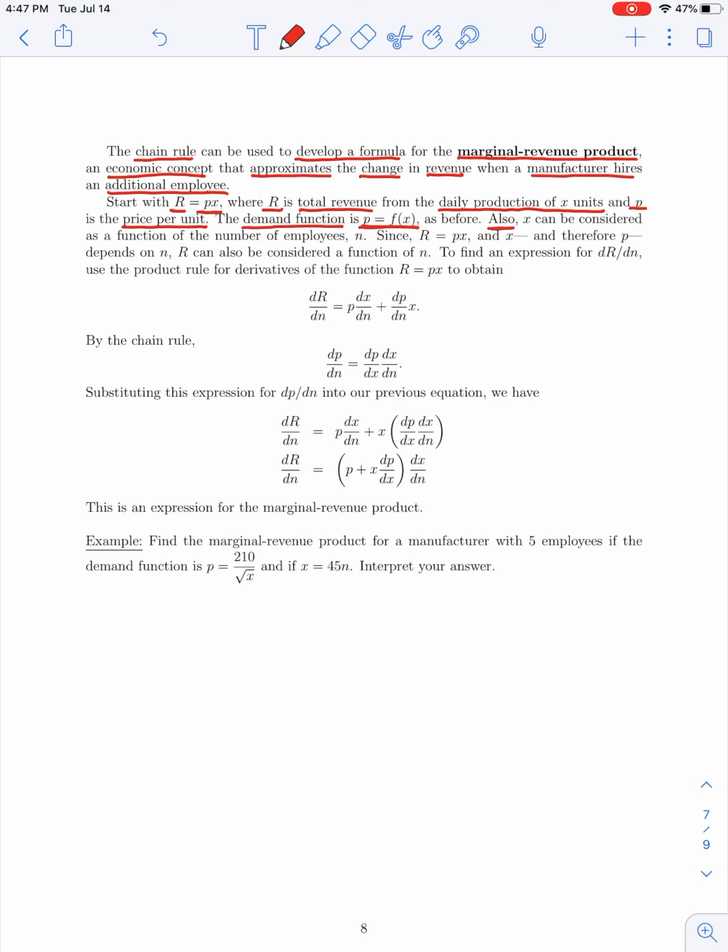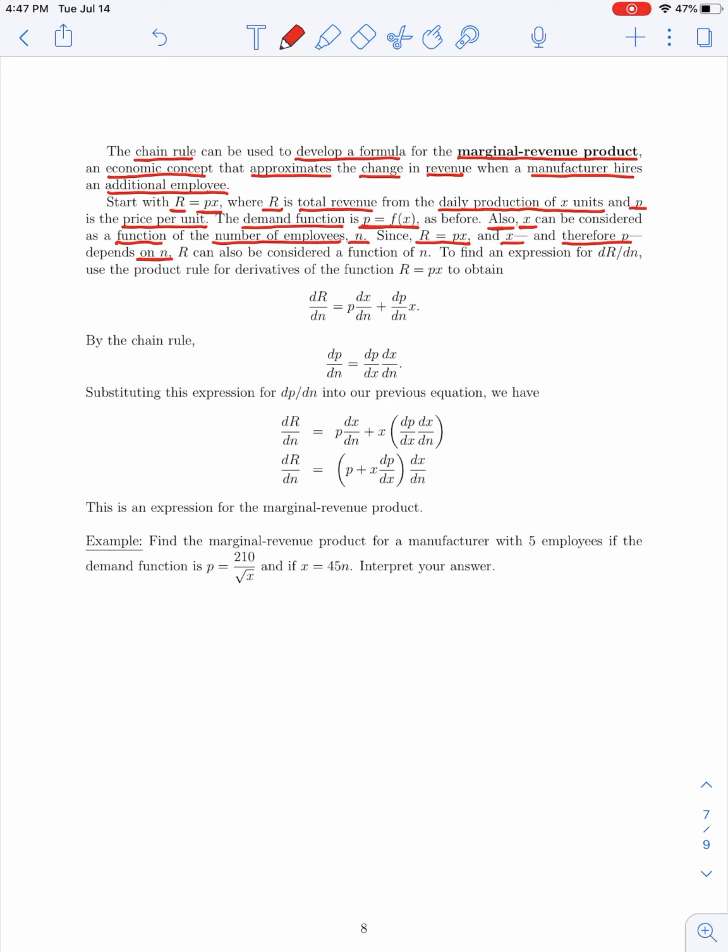Now, we can also consider X, that is the number of units produced, as a function of the number of employees, which we're going to denote by N. So naturally, the more employees that you have, the more production you can accomplish in a given day. So since our revenue, R, is given by P times X, and therefore P depends on the number of employees.